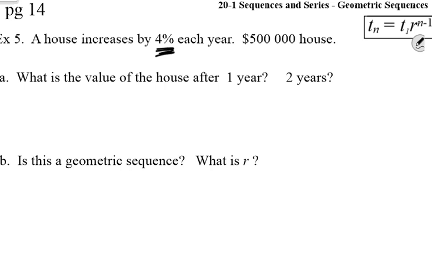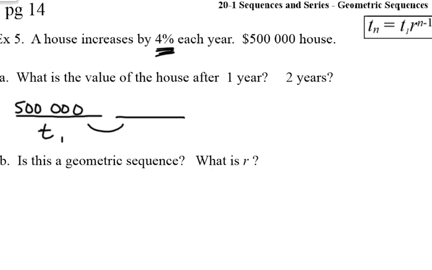Now, why this becomes a little tricky is because our initial value is 500,000. That's our T1 value. So all of a sudden, after 1 year passes, we add 1 year, now we're at term 2. So as much as it says, what's the value of the house after a year, we're actually looking for term 2.